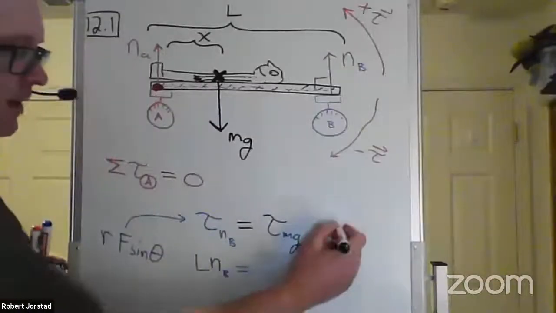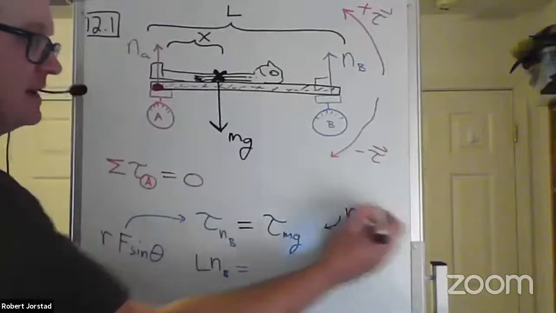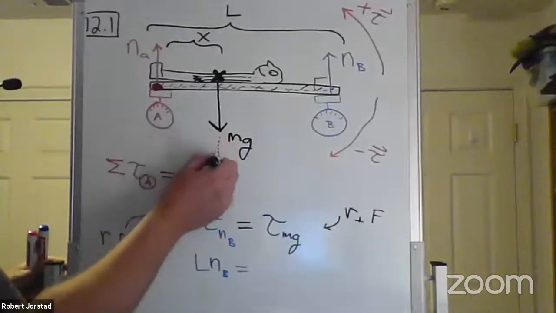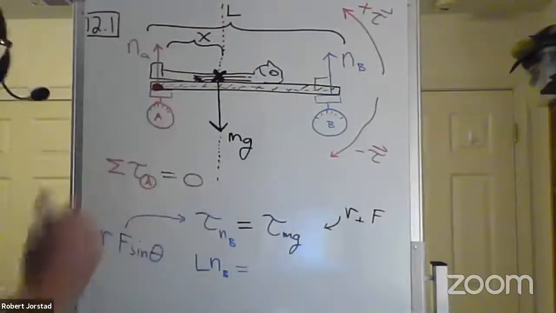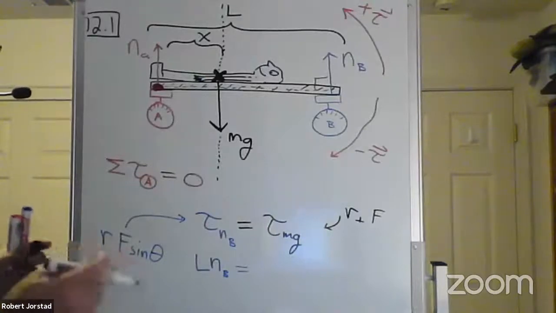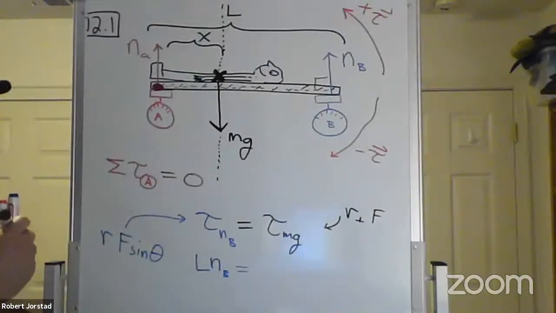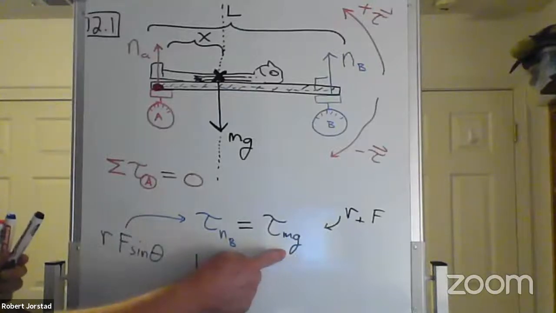R perp F. Okay, so he said, why don't I just use R perpendicular times F? That means I need to draw the line of action. There it is. There's the line of action for this force. What is R perpendicular in this case? I think that was Alonzo. What do you think R perpendicular is for the mg force?